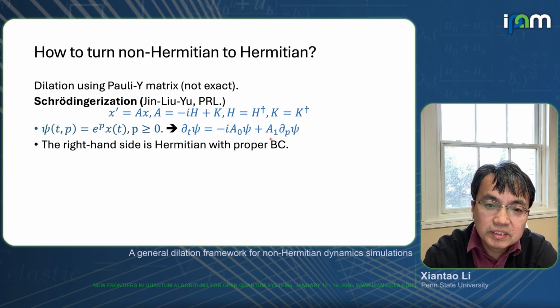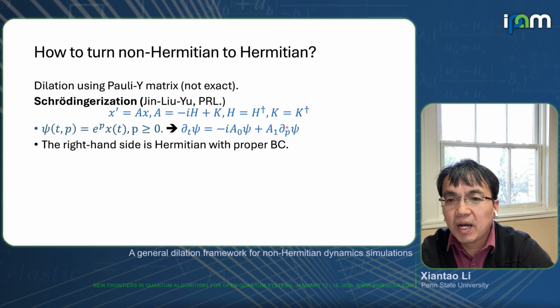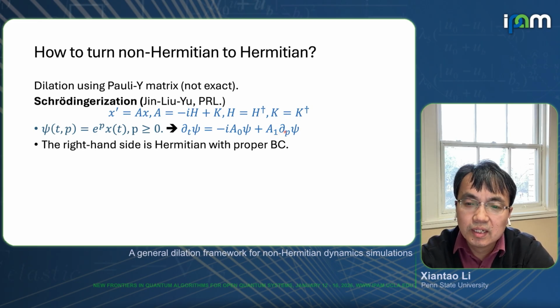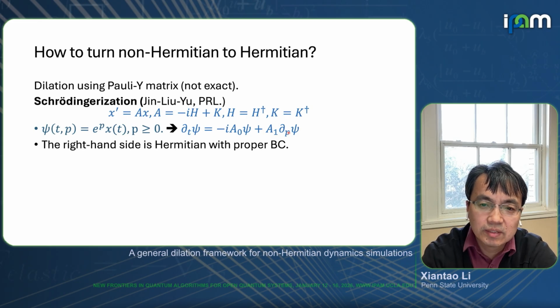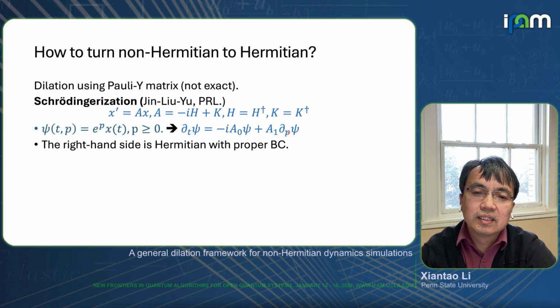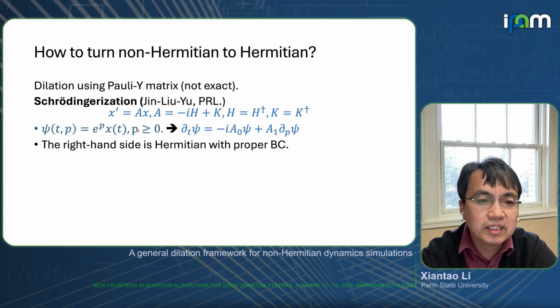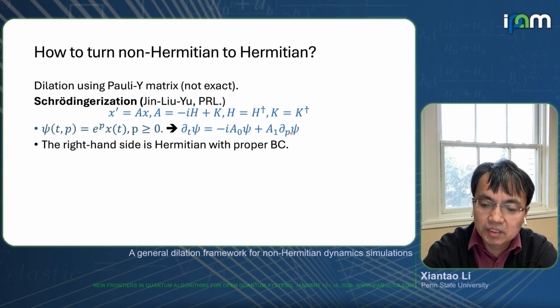And then by applying appropriate boundary conditions, this differential operator is a skew-Hermitian operator. And suddenly, the right-hand side, this term here, can be written as negative i times the Hermitian matrix or Hermitian operator, right? So in principle, this elevates the system into a bigger dimension with this additional variable p, where you solve the Schrodinger equation.